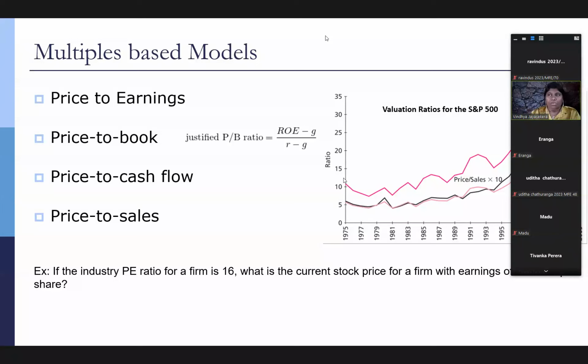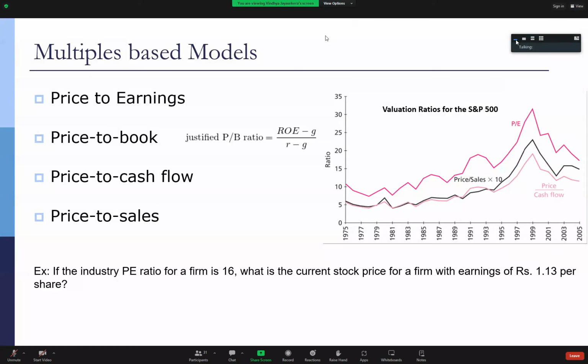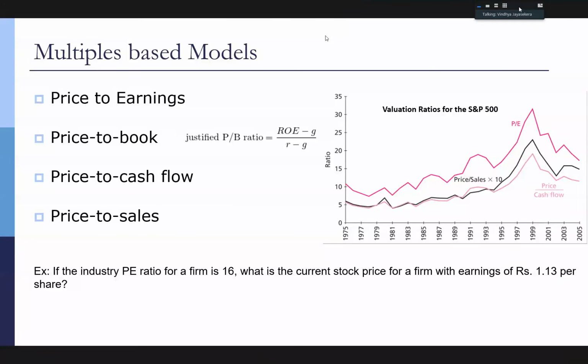So there are problems with multiples-based valuation, but it is a very quick and easy valuation to figure out what rough levels the company should be trading at, based on other companies that look like it. So you can use peer multiples, industry multiples, or market multiples. But the more it looks like the company, the better the multiples-based valuation is.